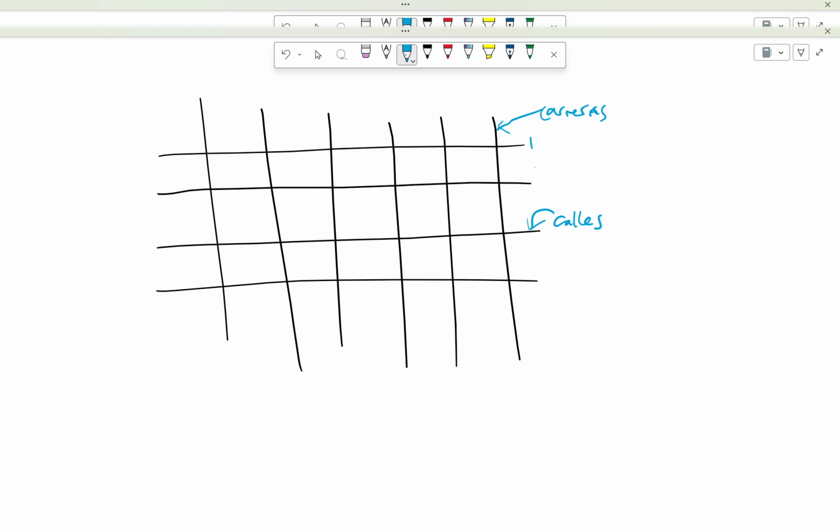So I'd have street 1, 2, 3, 4, and 1, 2, 3, 4, 5, 6, and then let's say I met here at Carrera 3 with Street 1, like the game Battleship, right? And I want to get all the way over to down here, okay?